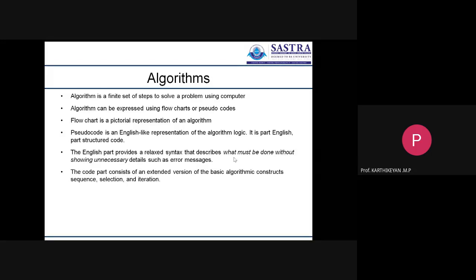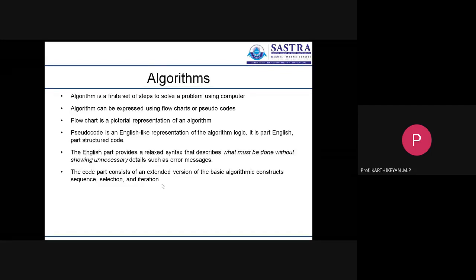In the same way, the code part consists of an extended version of basic algorithmic constructs: sequence, selection, and iteration. Sequence of statements, selection statements, that is if statements, and iterations, that is loops. If you take C, in C we have three types of loops: for loop, while loop, and do while loop. When you are writing an algorithm, you will simply write it as loop and end loop.